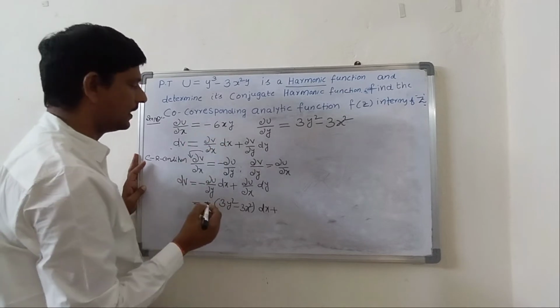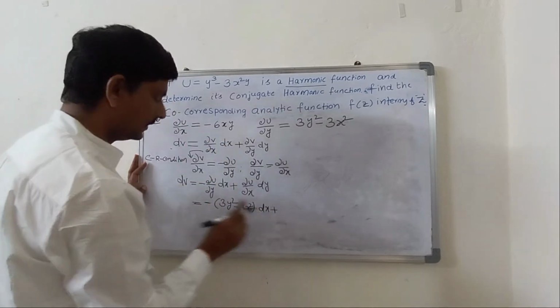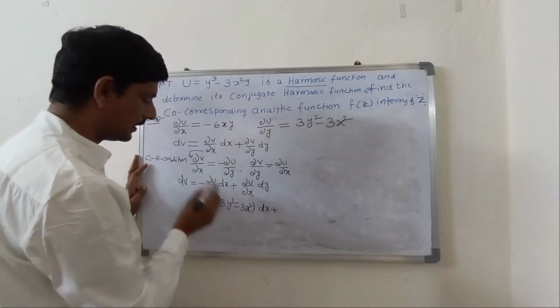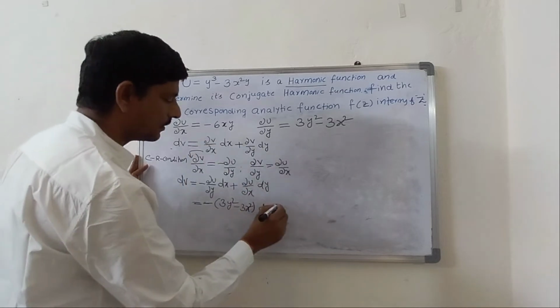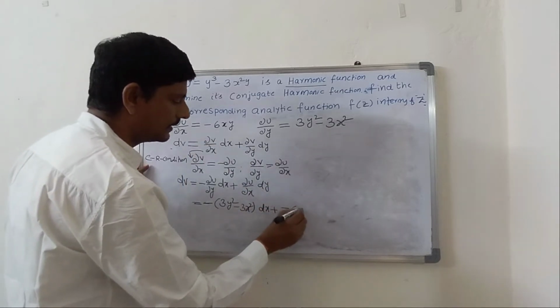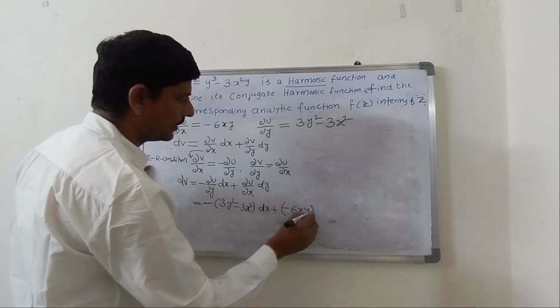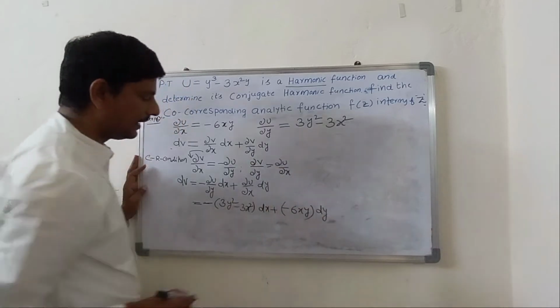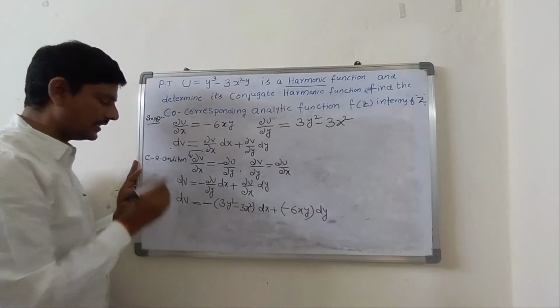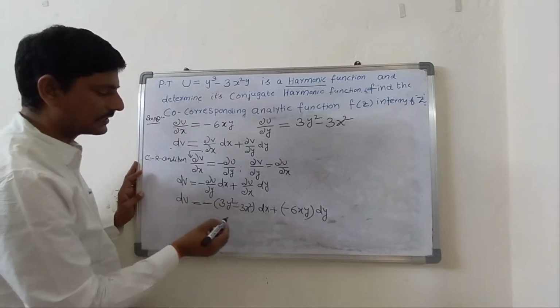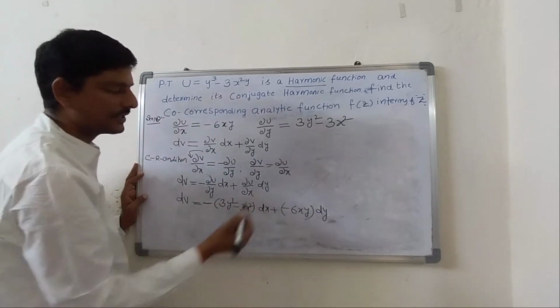What is ∂u/∂x? −6xy. Sorry, here it is minus, already it is minus in ∂u/∂x. So −6xy into dy. Clear? So dv is equal to −(3y² − 3x²) dx plus (−6xy) dy.